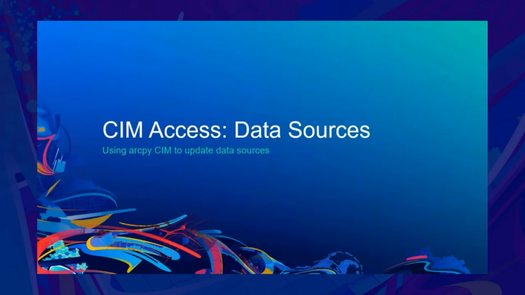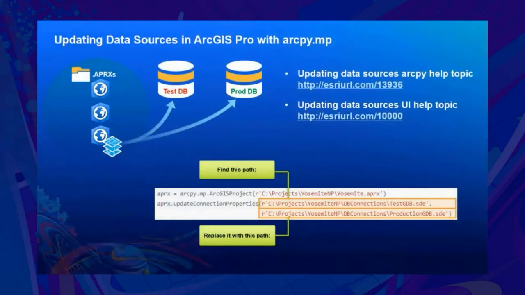Now, let's shift gears a bit and look at some cases where the SIM module can help us in updating data source workflows. Now, just some background before we dive into the SIM. First off, what do I mean when I use the term updating data sources? Well, it refers to any scenario where you need to change your layer's data source.